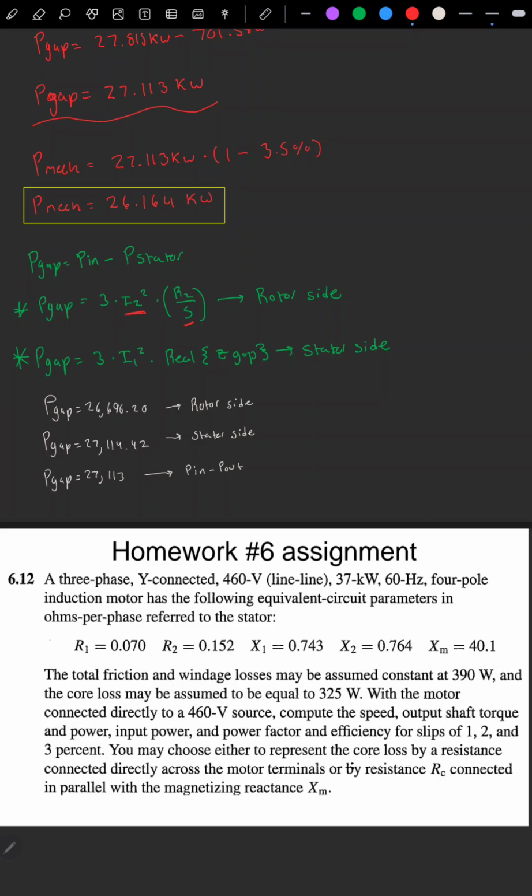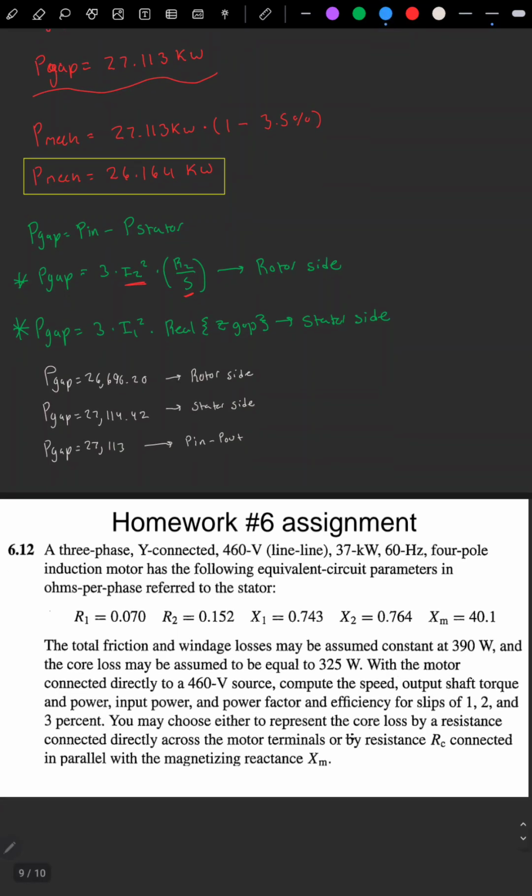Now, specifically for this problem, you could use the rotor side equation, since we still have to find P rotor. And once you find P rotor, you'll have I2. Well, I'll write down P rotor.